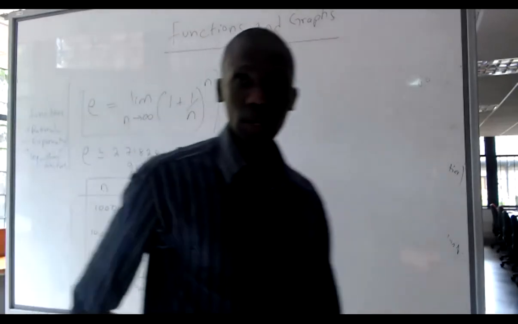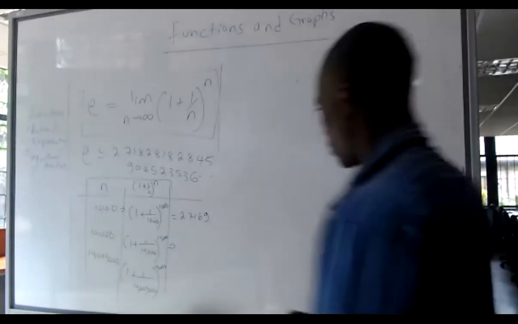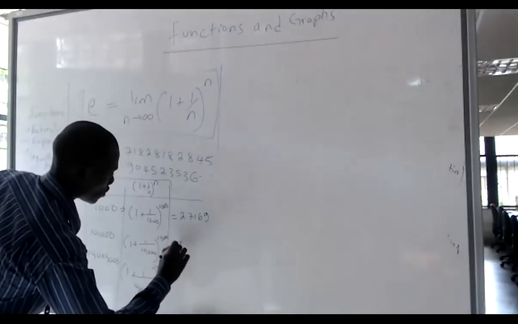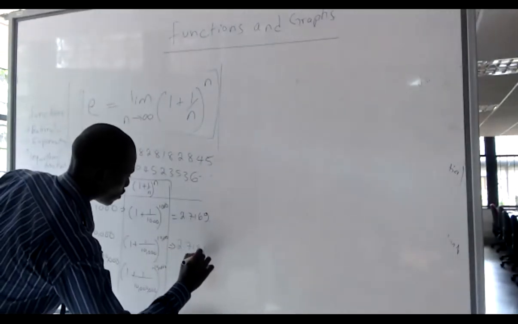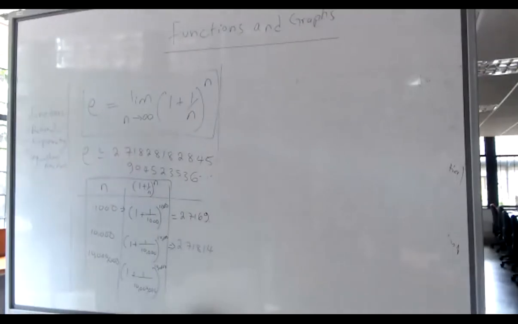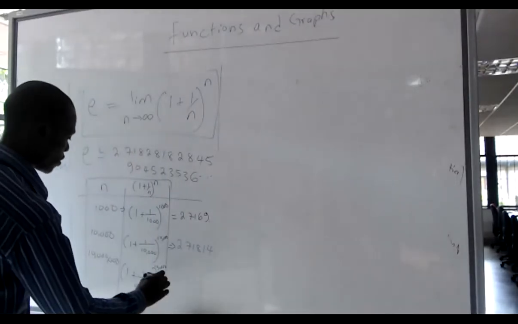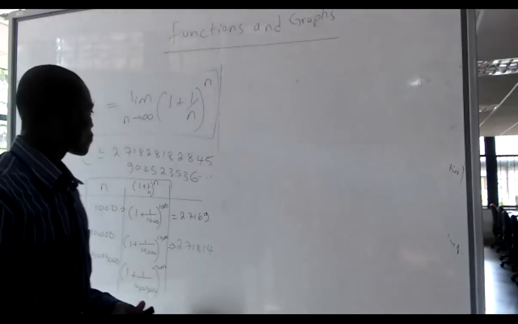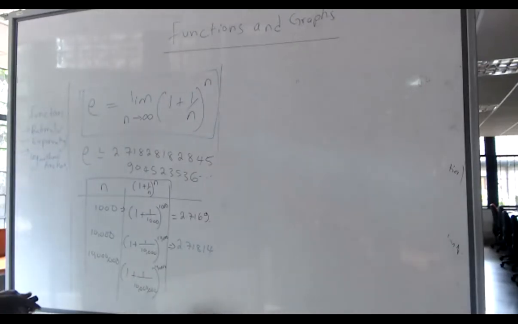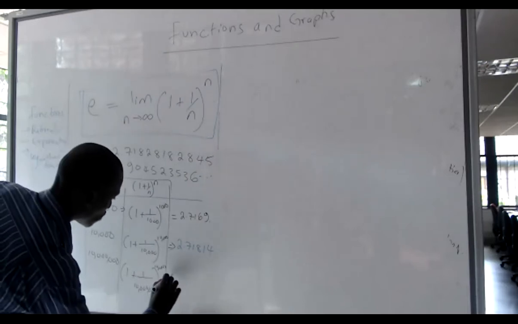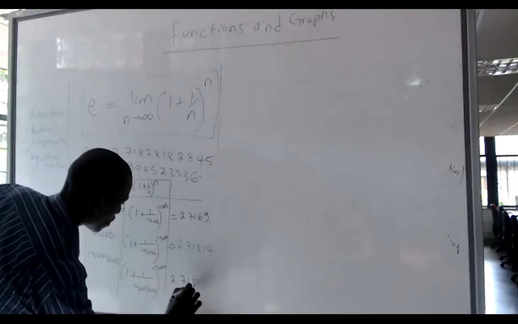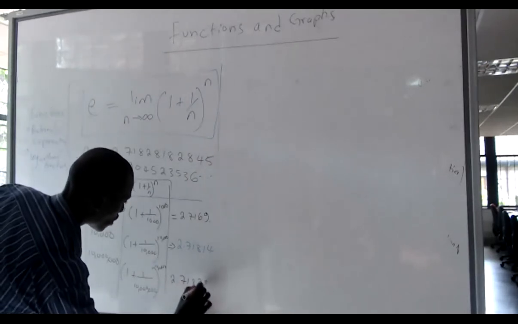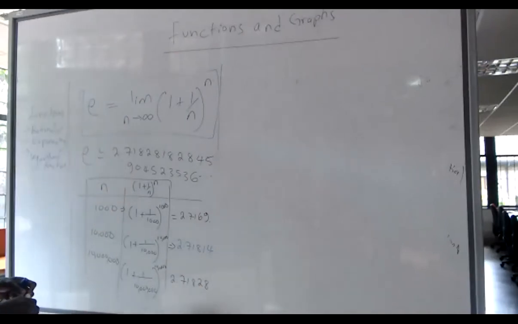You can even use the online calculator. 2.718146. Okay, how about 10 million? 2.71828. Did I get that? Yes.